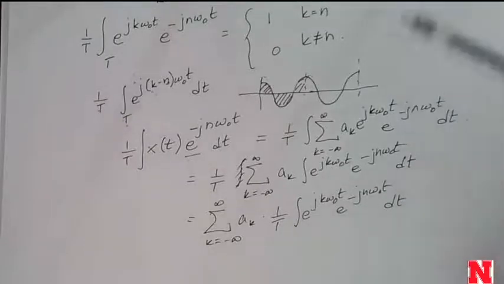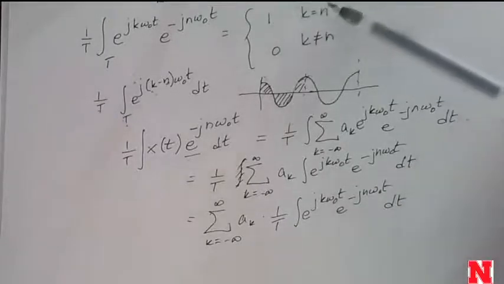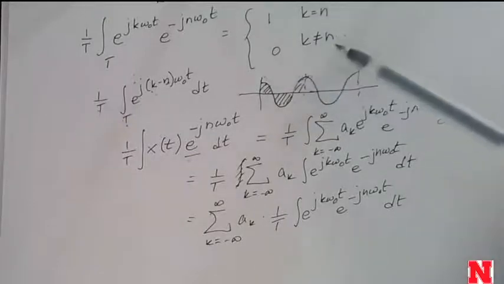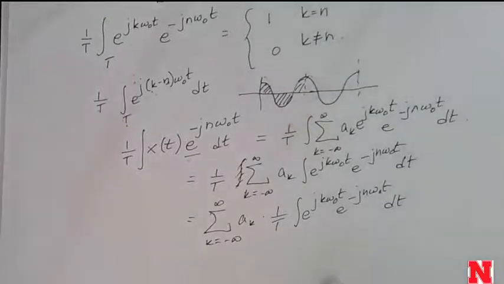And this we know is equal to 1 when k is equal to n, and 0 when k is not equal to n. So the summation is over all of k. So this entire term is going to be 0 when k is not equal to n, so for all values of k not equal to n, we'll get 0 out of this.